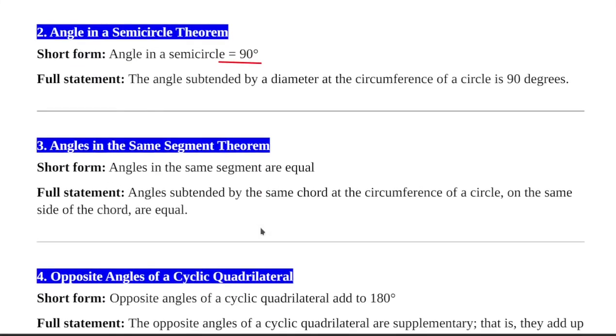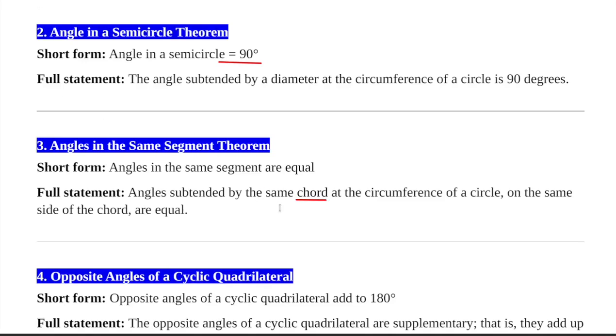Next theorem, theorem number 3, angle in the same segment. This one says angles subtended by the same chord at the circumference of a circle on the same side of the chord are equal. Sometimes we say the same arc.